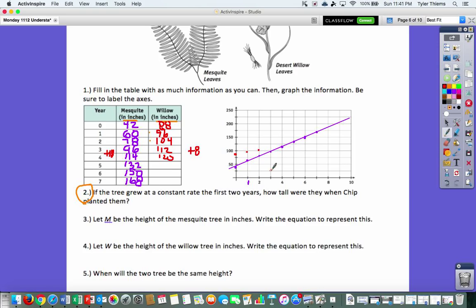Year 3 is 112. Year 4 is 120. Year 5 would have been 128. Year 6 is 136. And now notice that this is almost getting there. It's no longer taller. It is now actually shorter than the last one.